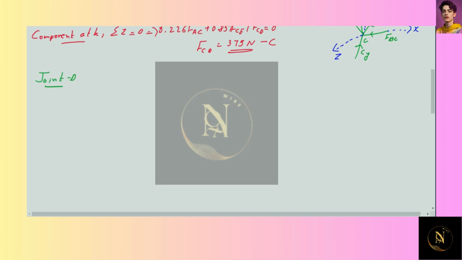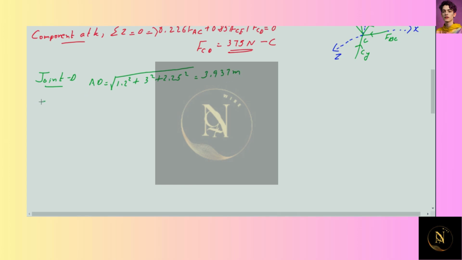Let's find the distance of AD, that is DA. AD will be the root of 1.2 meter squared plus 3 meter squared plus 2.25 meter squared, which gives you 3.937 meter.